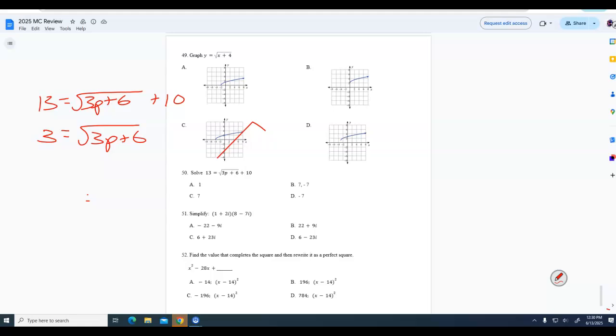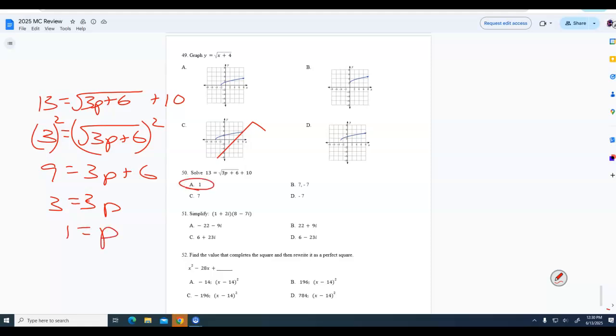We have to square both sides. 9 equals 3P plus 6 to get rid of that radical. We subtract 6 on both sides. And my P equals 1. And you can plug that in to check it. 3 times 1 is 3, plus 6 is 9, square root of 9 is 3, 3 plus 10 is 13. Number 51 is simply foiling.